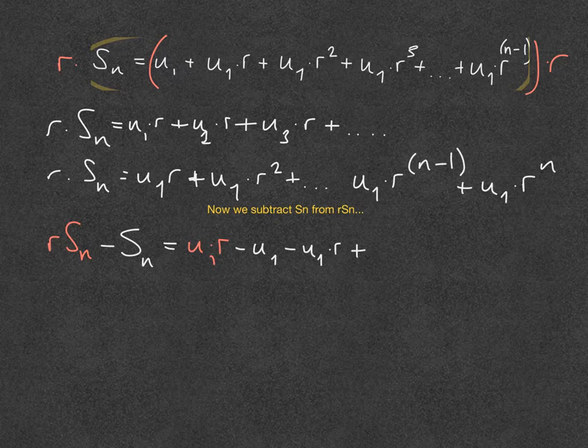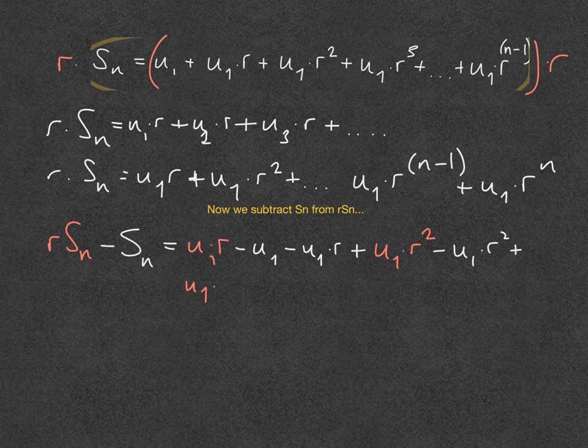And then we have u1 multiplied with r squared from the second series. And then we subtract u1 multiplied with r squared from the first series, plus u1 multiplied with r to the power of 3, minus u1 multiplied with r to the power of 3 from the first series.